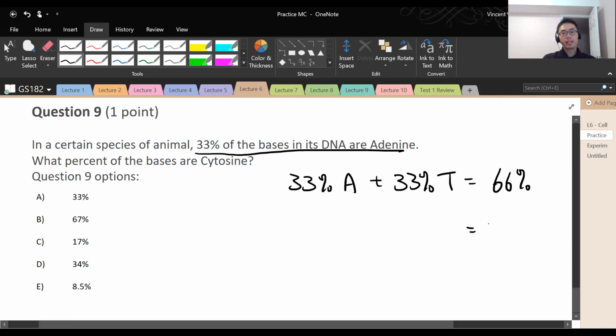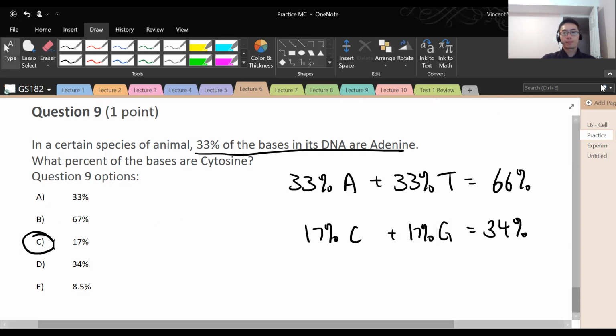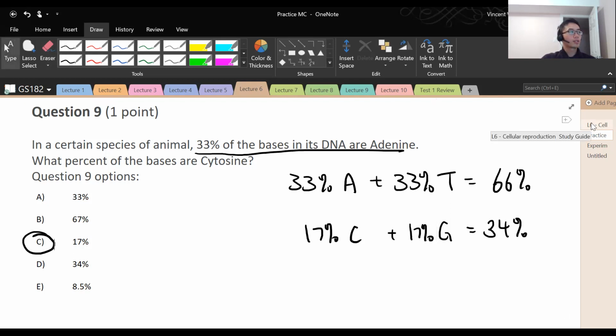So if you take 100 minus that, you will have 34%, which are going to be C and G. 34 divided by 2 is 17. Don't forget to divide by 2. Questions?